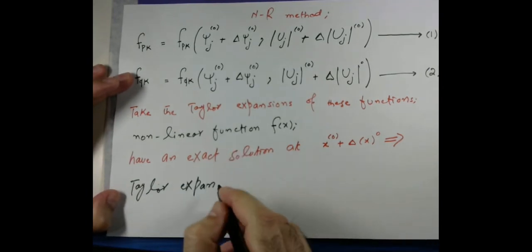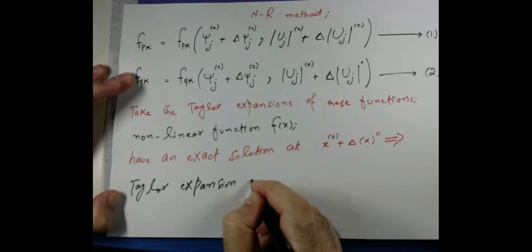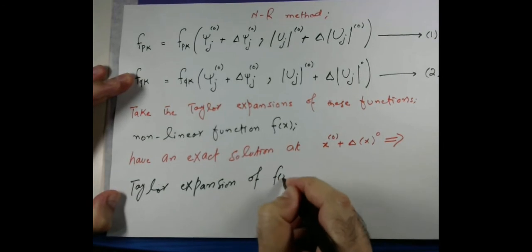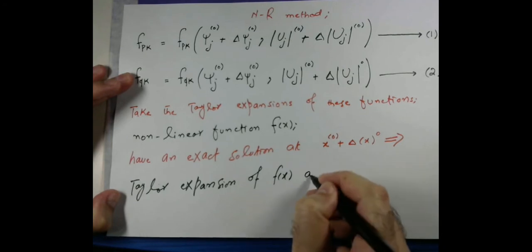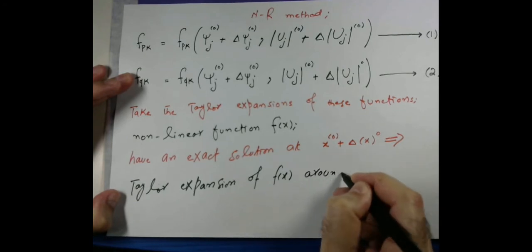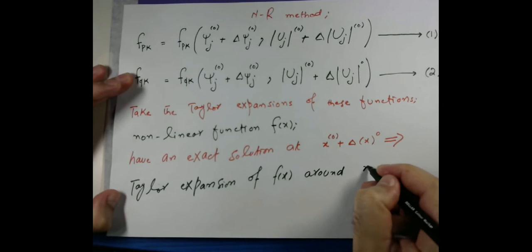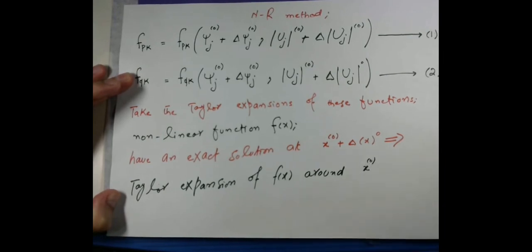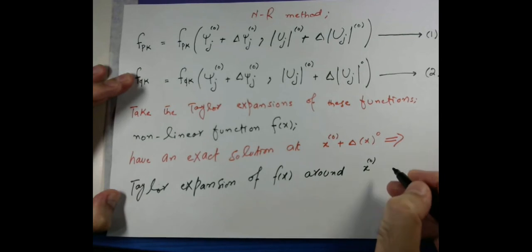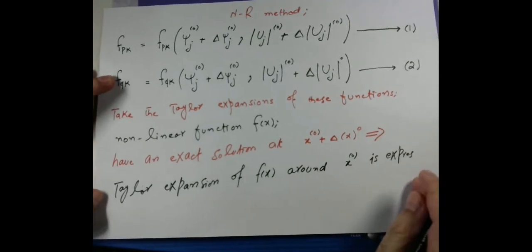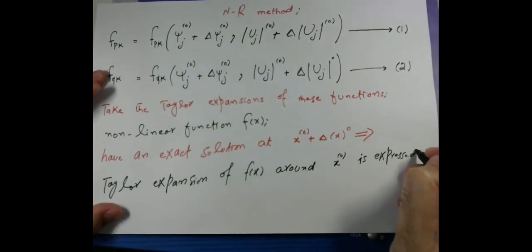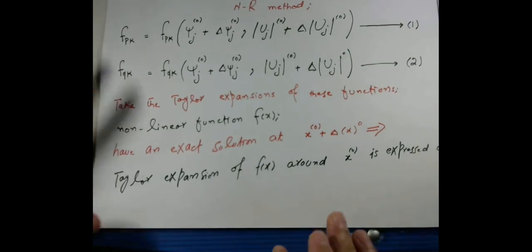So the Taylor expansion of f of x around the first estimate is expressed like that. I hope you know it from your previous knowledge.